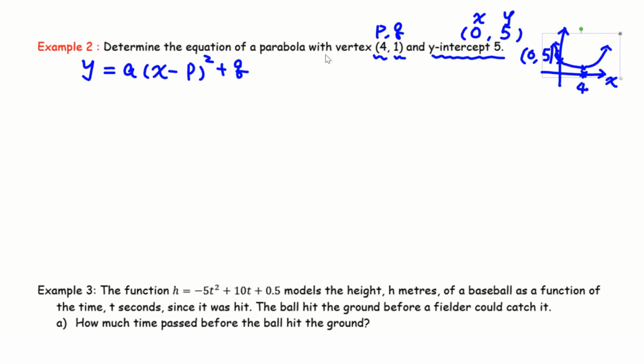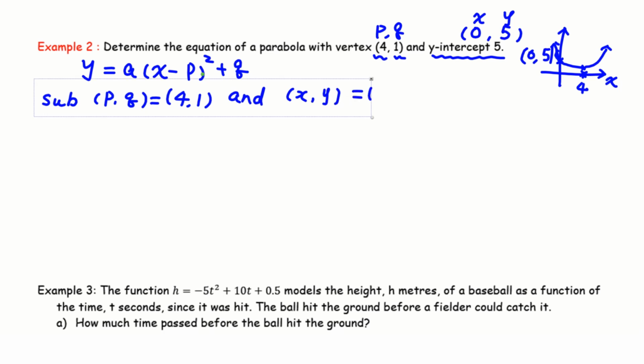So we are going to sub these 4 given variables into this equation: the vertex (4, 1) and a point (x, y) equals (0, 5) into the vertex form.